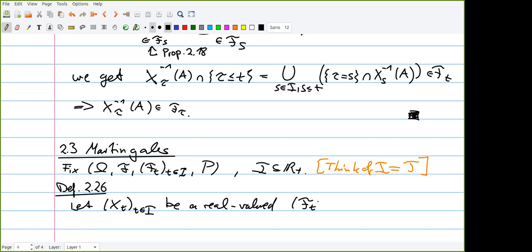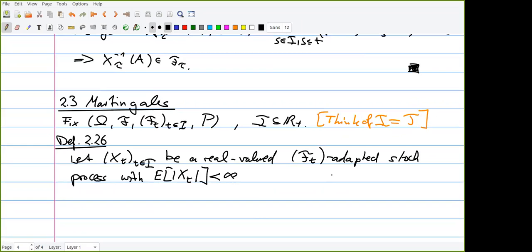And they are supposed to be adapted with respect to our underlying filtration, here given by the filtered probability space. And we want to make the assumption that it's integrable, so that the expectation of the absolute value of X_i is less than infinity, and we assume this for all i, obviously. So that's our given process.